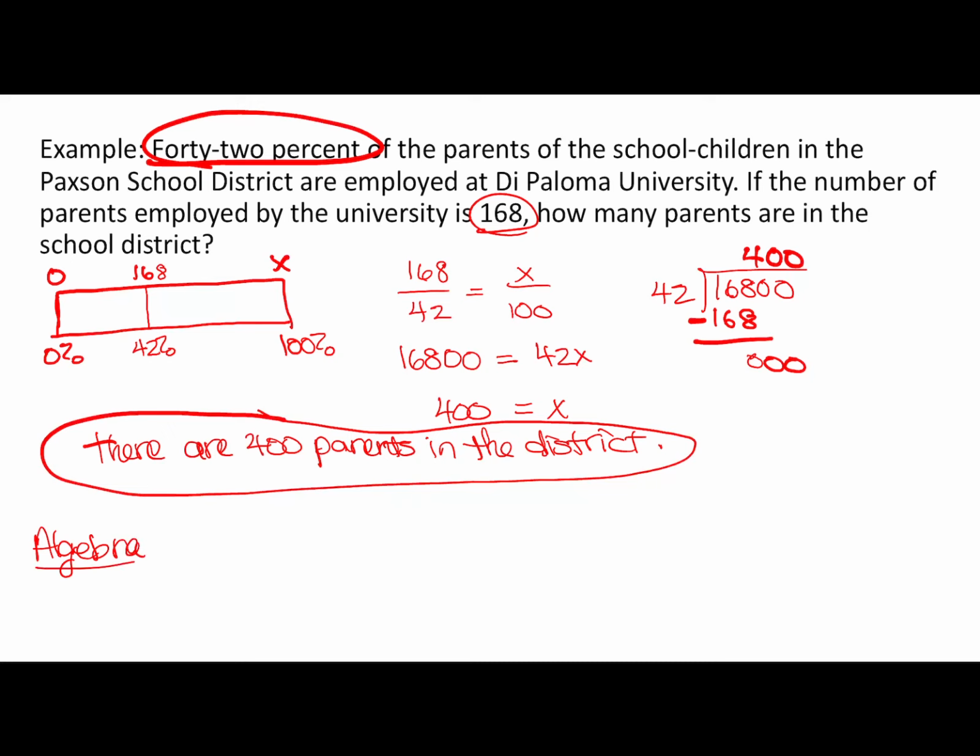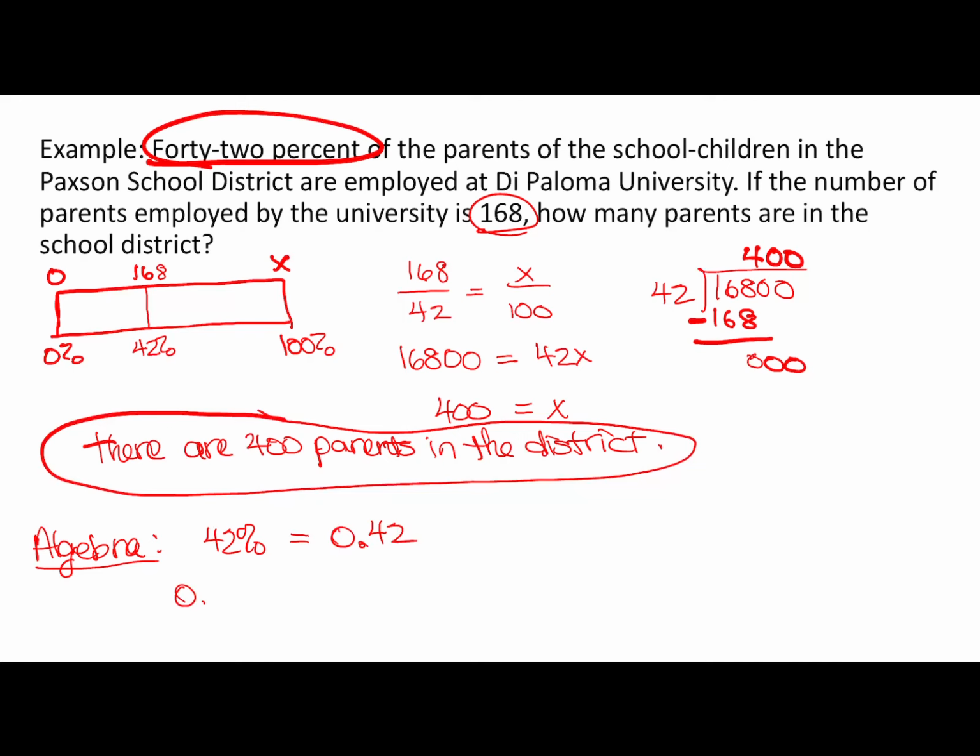Here's the algebra approach. So in the algebra approach, I know that 168 is 42% of the parents, right? So 42% in decimal form is 0.42.